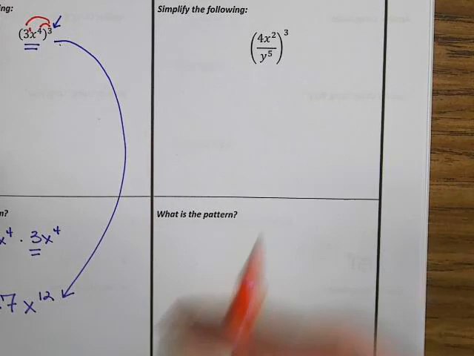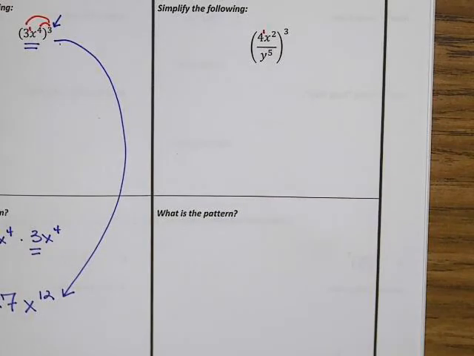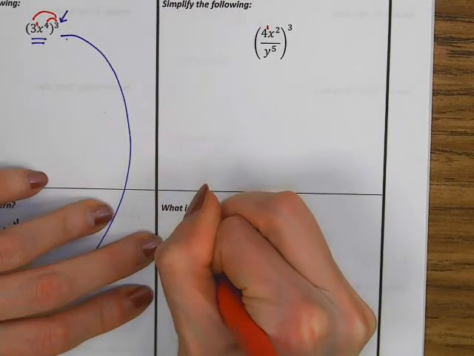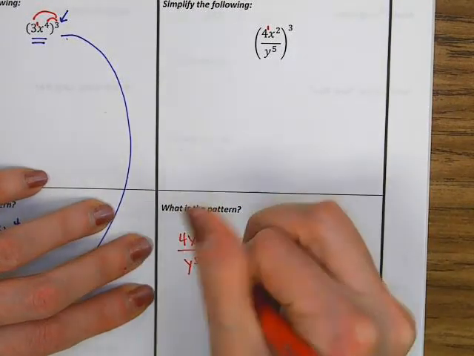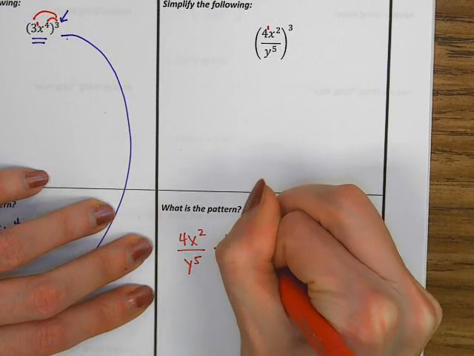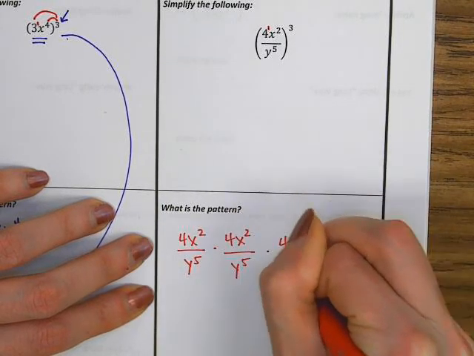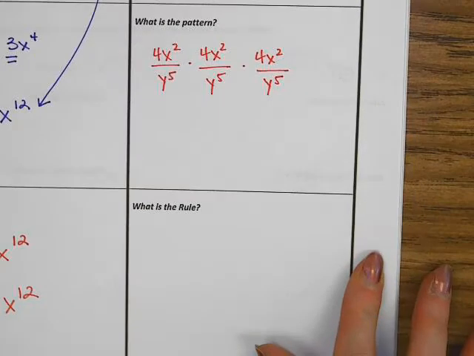Okay, so this one. Again, let's give the little 4 a little 1 there so we know what's going on. Now this one, we have 4x squared over y to the 5th, and we have it 3 times. Okay, let's see what we got here.